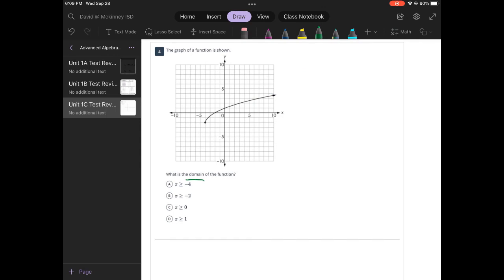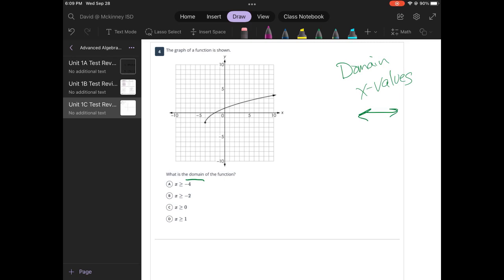We're going to have a lot of these type of review questions throughout the year, so it's important that you remember these concepts and be able to perform them all throughout the year. Now, my domain is my x values. So as soon as I see domain, I'm thinking every possible value of x. Those are my side-to-side horizontal values.